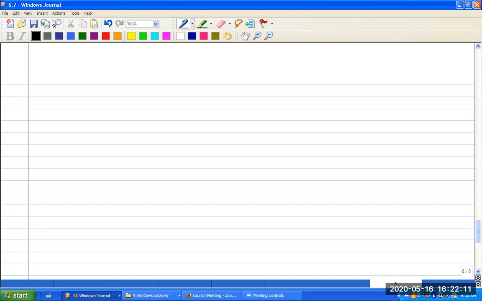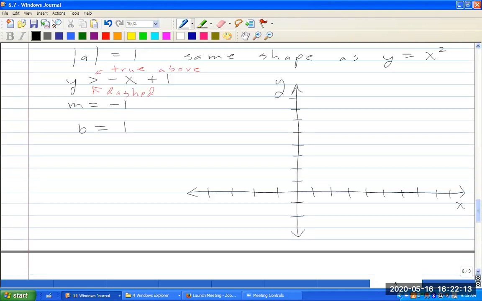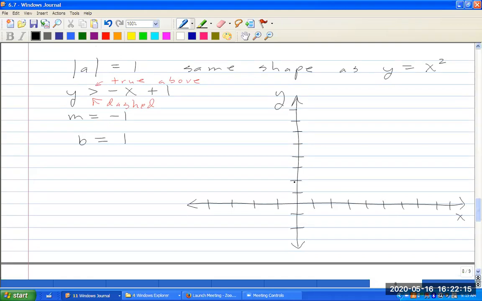Okay. So 1, 2, 3, 4. And so it should look something like that. It's not very symmetric, but it should be.